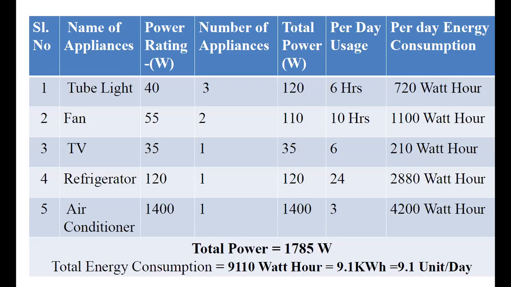we can select the total power as 1785 watts and the total energy consumption per day as 9110 watt hour, or we can say 9.1 kWh or 9.1 units per day. So, for example, we can assume that the home utilizes 9.1 units or 9.1 kWh per day, and the total power of the appliances connected to the home is 1785 watts.